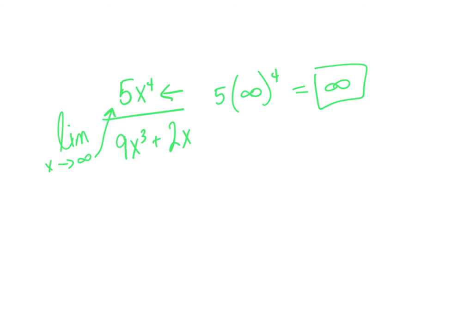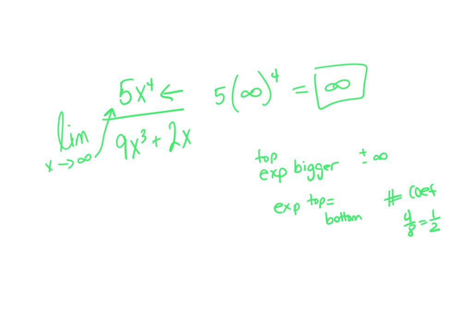All right? So when you have fractions, you're going to use your rules. When the exponent on top is bigger, you're going to have either positive or negative infinity. When the exponent on top and bottom are equal, you're going to have some number. It's going to be your coefficients. Like we did 4 over 8 equaled 1/2.